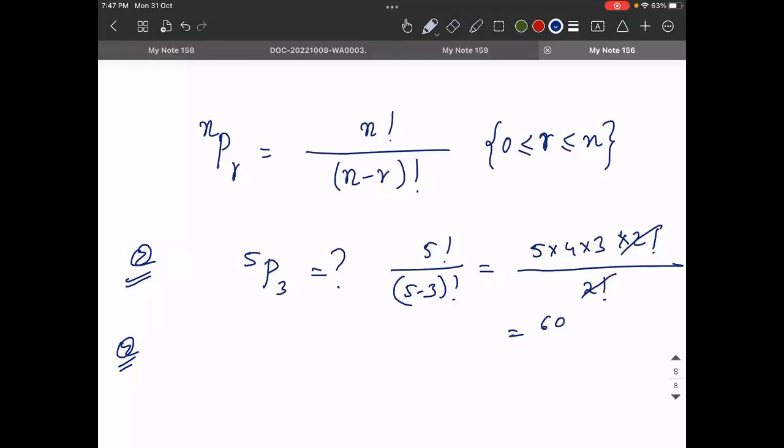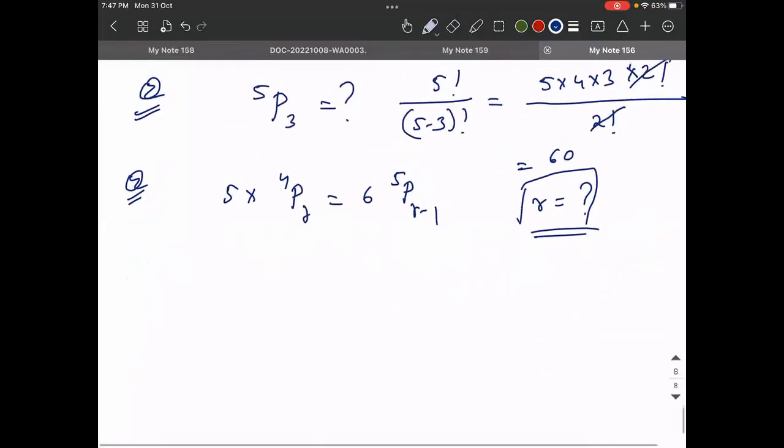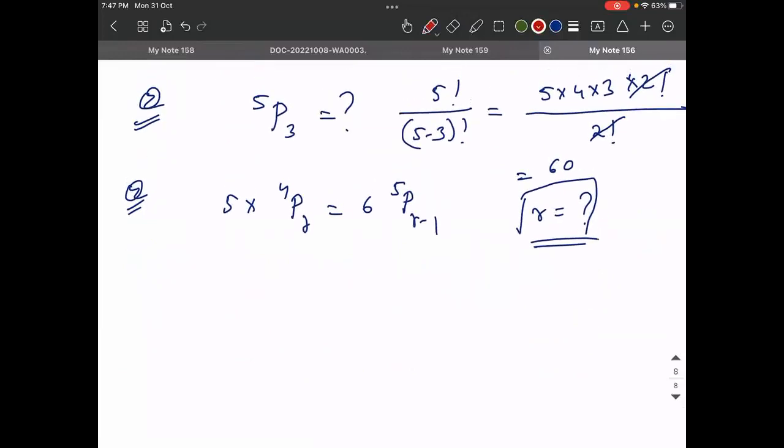Okay. If 5 into 4Pr is equal to 6 into 5P(r minus 1), find r. See, I'm not going to repeat the fundamental principle of counting again. If you have doubt, please ask me now itself.